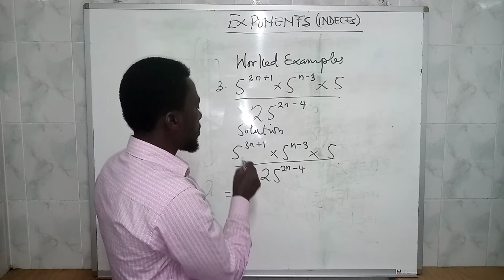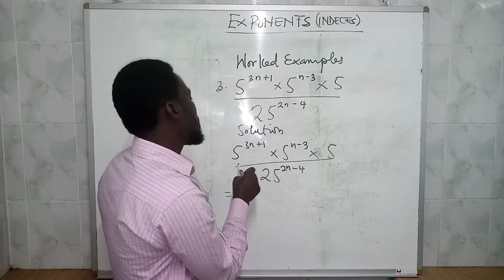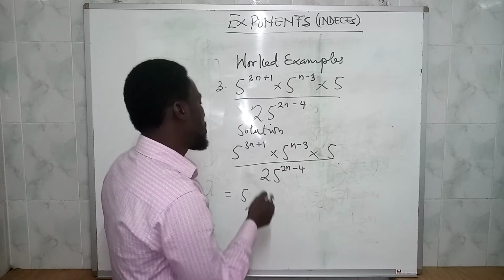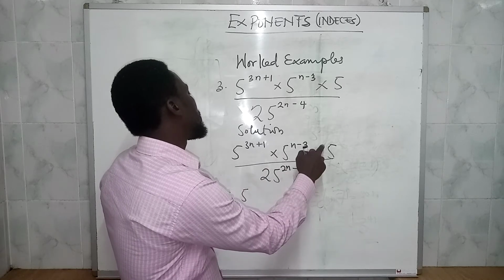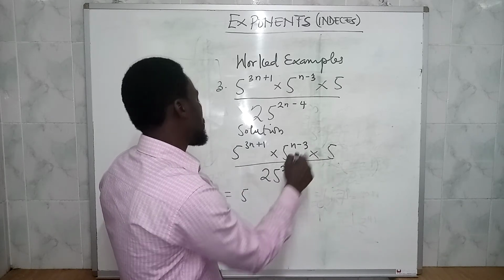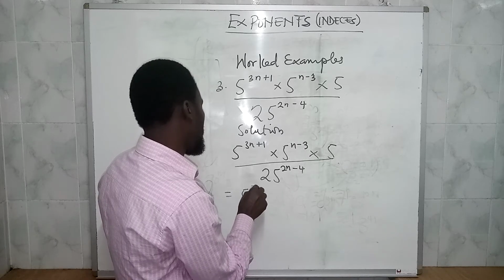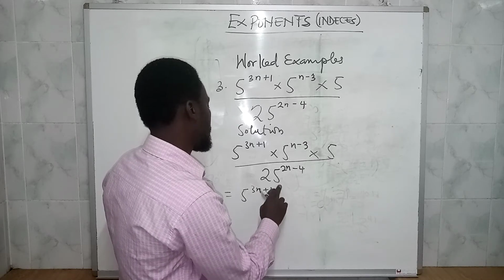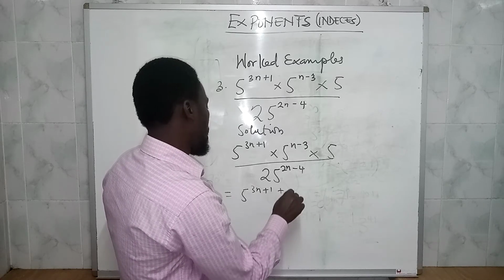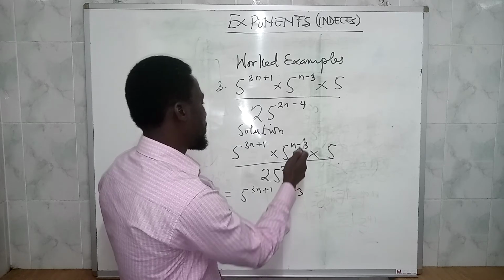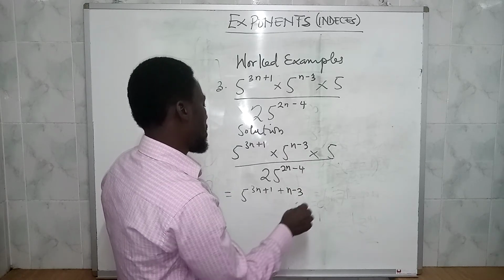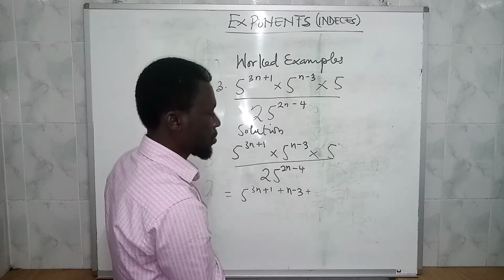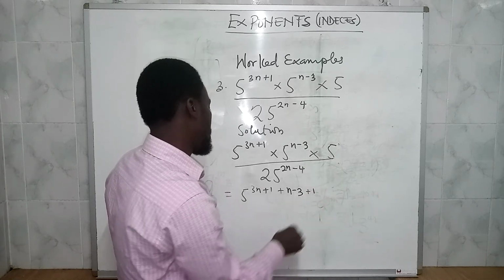So this will be equal to 5 raised to the power. Now what is happening here? The bases are the same, and they are multiplying, so we shall add their exponents. This times this will give us 5 raised to the power 3n plus 1, plus n minus 3, which is this one, plus what we have here, which is 1.